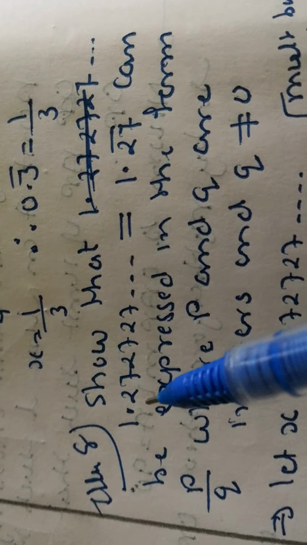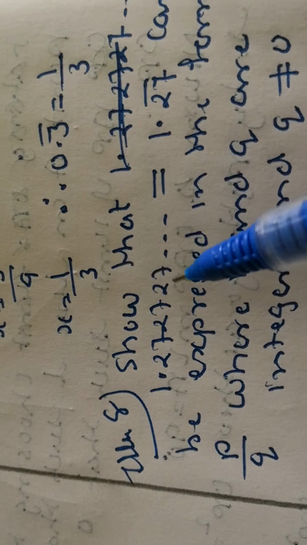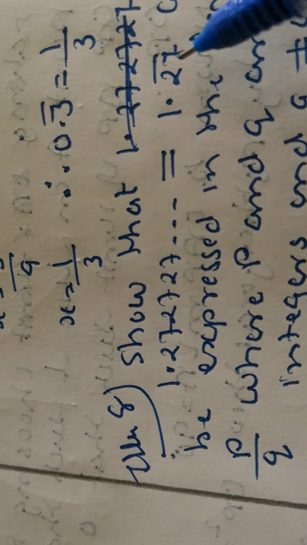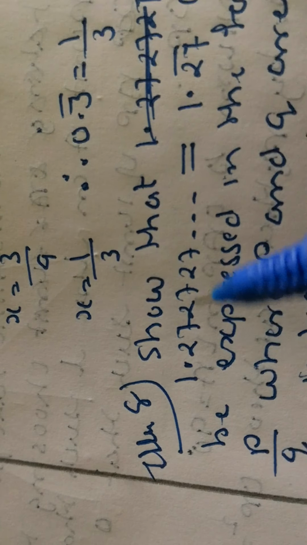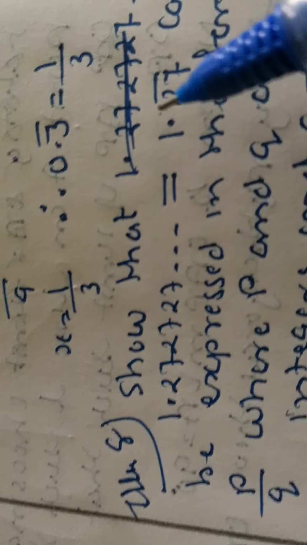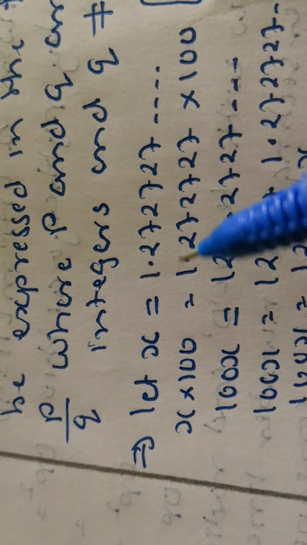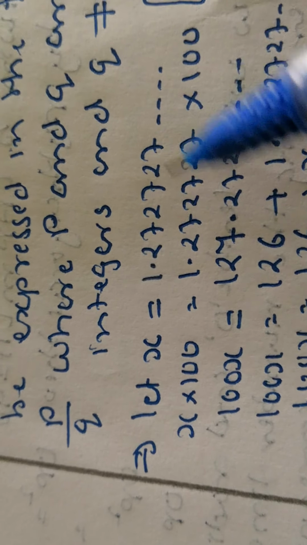Now you have to show that 1.272727 is equal to 1.27 bar. Dear friends, here you can see that two numbers are going on repeating. So it is written as 1.27 bar. So we are going to assume x is equal to 1.272727.